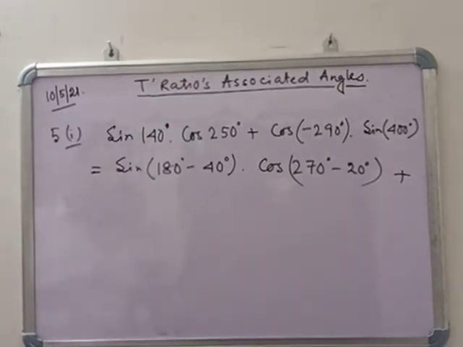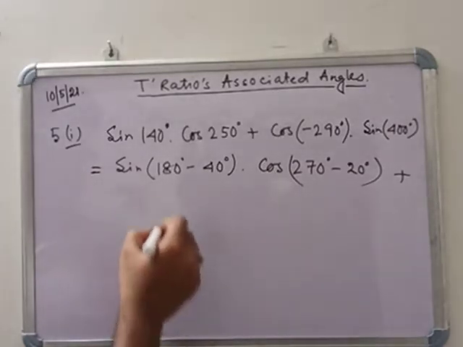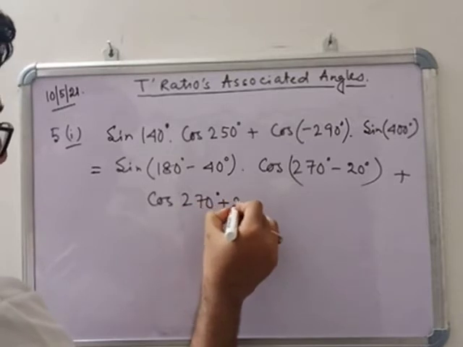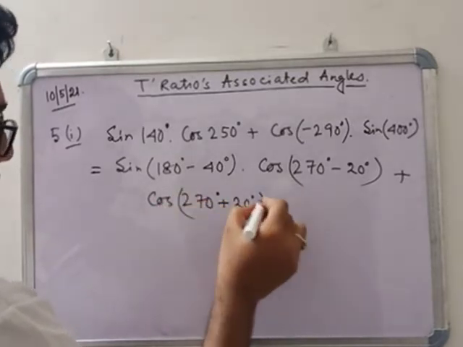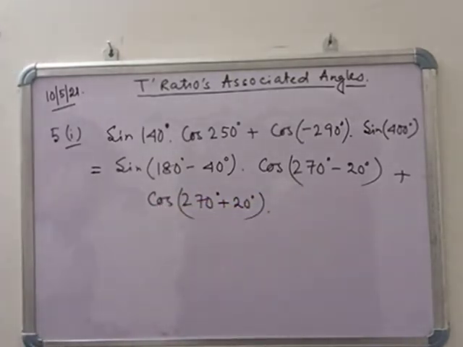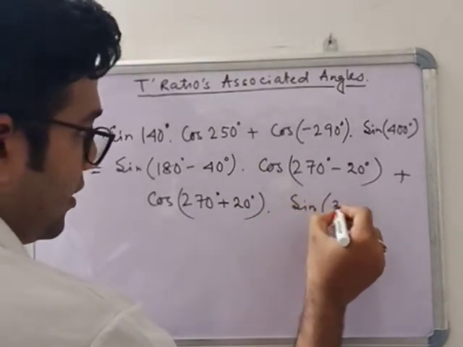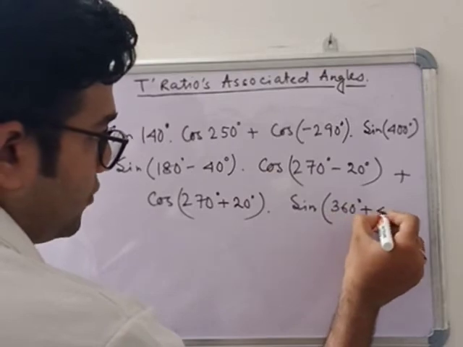So this is cos of 270 degree plus 20 degree, and sine 400 degree, that means sine 360 plus 40.